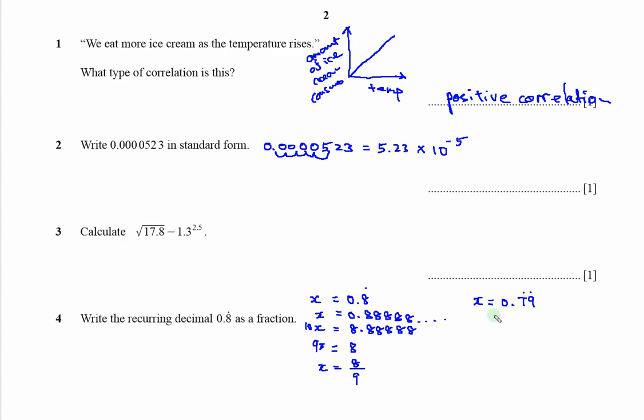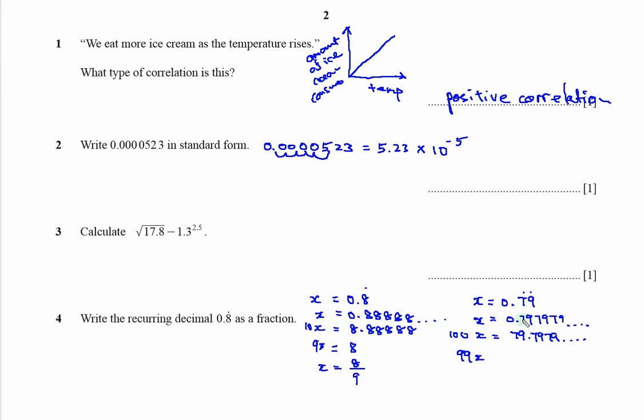So this can be written as 0.797979, that's x. Now how many digits are in the repetition? 79, 2 digits, so we multiply by 100. So this becomes 79.7979. Take this minus this, I got 99x.